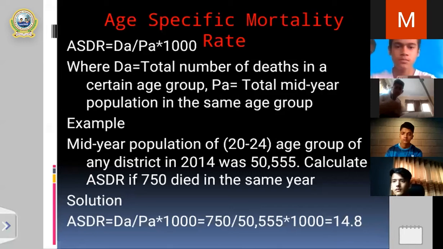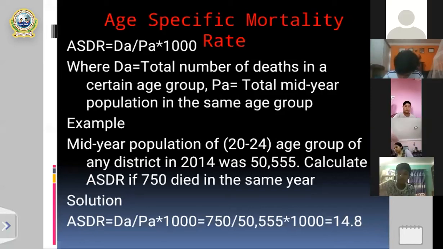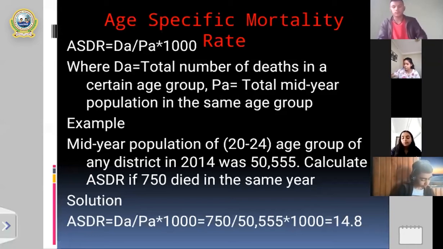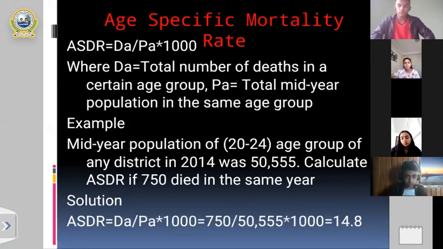Suppose the total median population of the 20 to 24 age group, which is a certain age group, of any district in 2014 was 50,555. Just as I told you, you can also imagine other certain age groups like 25 to 29, 30 to 34, 0 to 4, 5 to 9. Now calculate ASDR if 750 died in the same year.